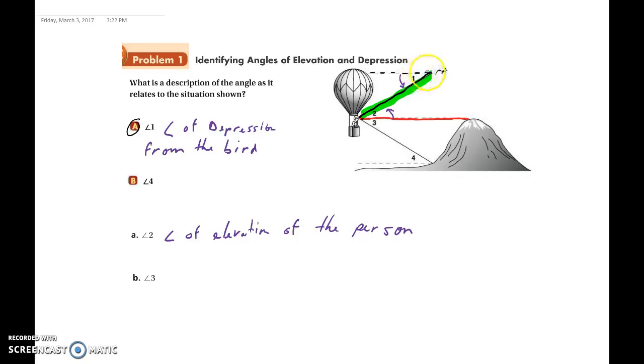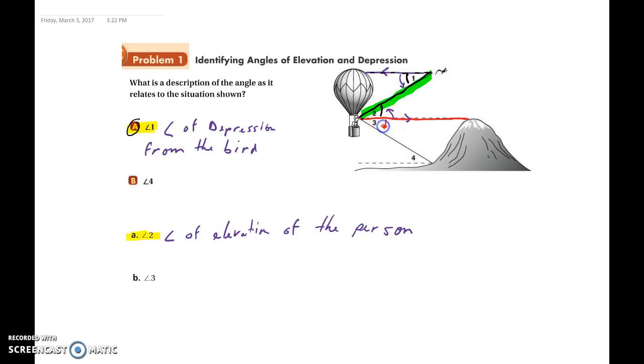Now, because these two lines are parallel, we know that angle 1 and angle 2 are congruent because they are alternate interior angles. So I'm going to highlight them both in yellow, I know angle 1 and angle 2 are congruent.